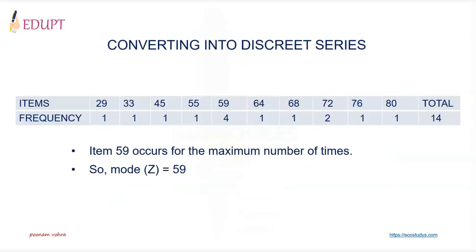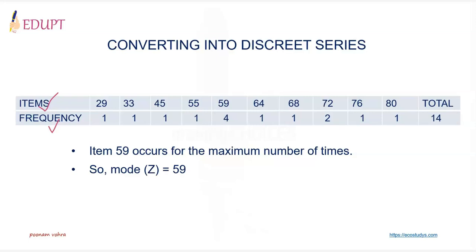The second method is to convert the individual series into a discrete series and find out mode. So two columns are made. One is items, another is frequency. We have written all the items only one time, and then after counting we have written the frequencies.